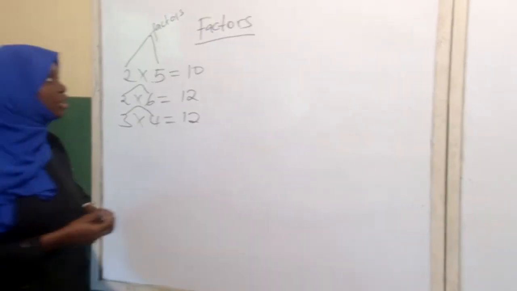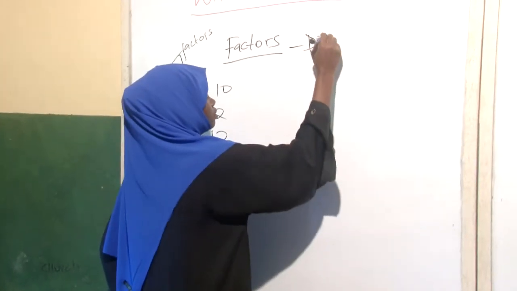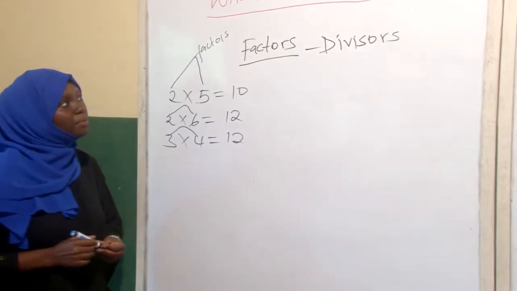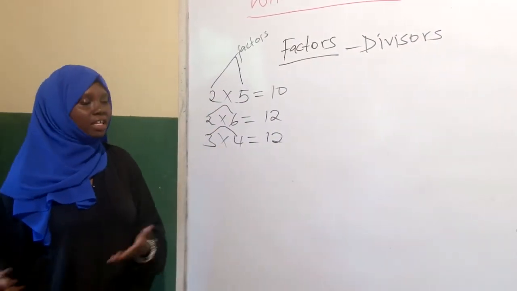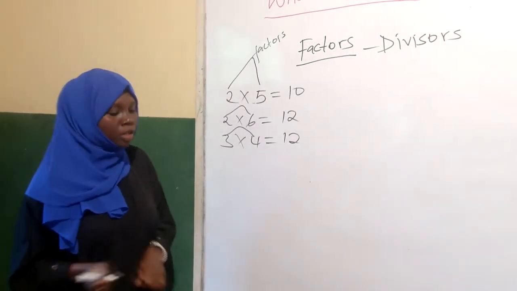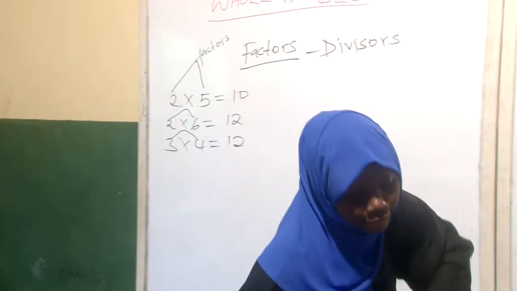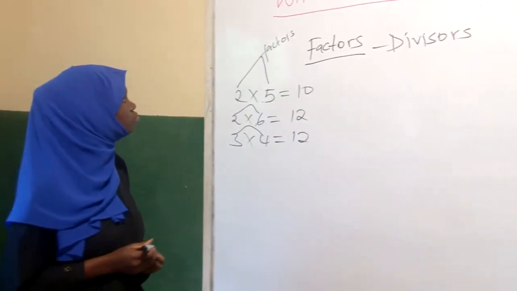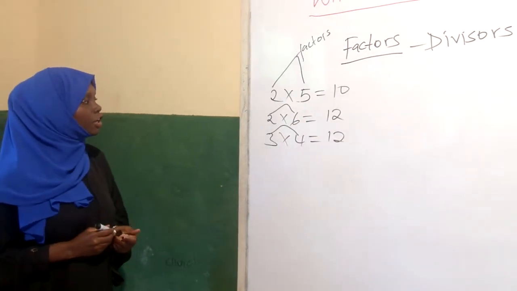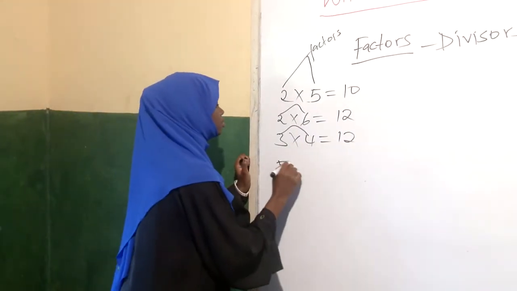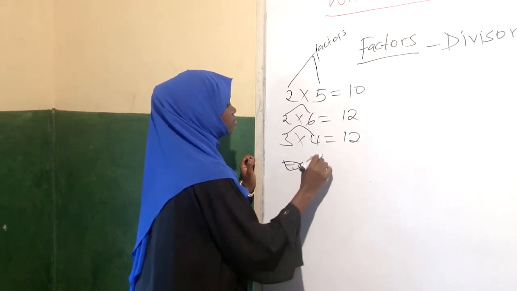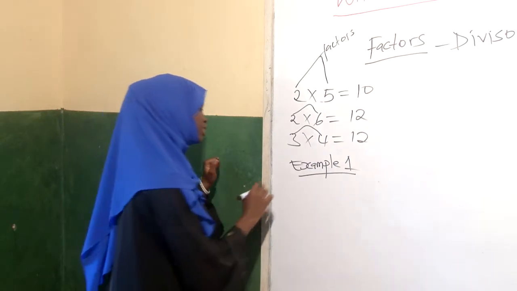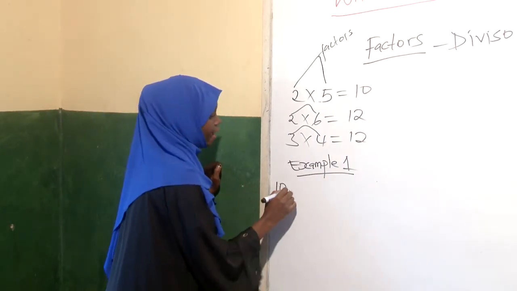And before I continue, factors, we can also call them divisors. They are also called divisors. So a question can come, you may be asked, either divisors or the factors, it's the same thing. For example, you are told to look for the factors of 10.